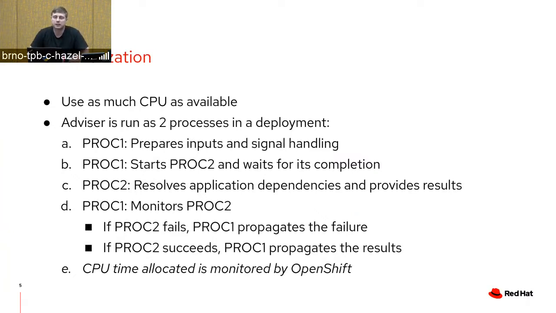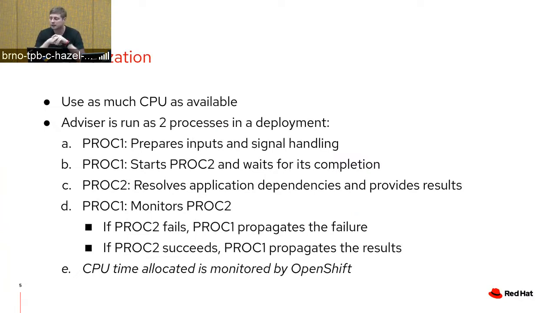Now let's take a look at CPU time allocation and how it is monitored by OpenShift. The one aspect to consider here is that we are basically traversing the whole dependency graph and looking for a solution.